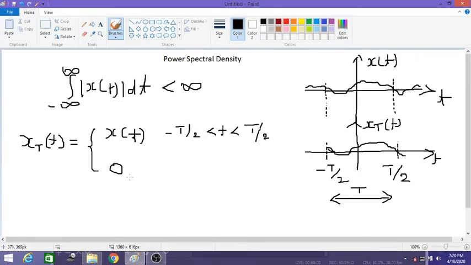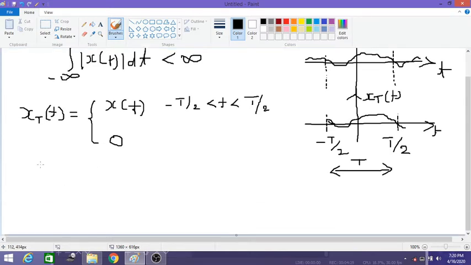If this is the case and if it is integrable, then I can apply the Fourier transform. Now let us see the definition of the Fourier transform. Let me write it here mathematically. We write this as X of omega, the Fourier transform. Either we can write it in terms of frequency, or in terms of radians as well. This is defined as the integral from minus infinity to plus infinity of x of t multiplied with the exponential term e power minus j omega t into dt.